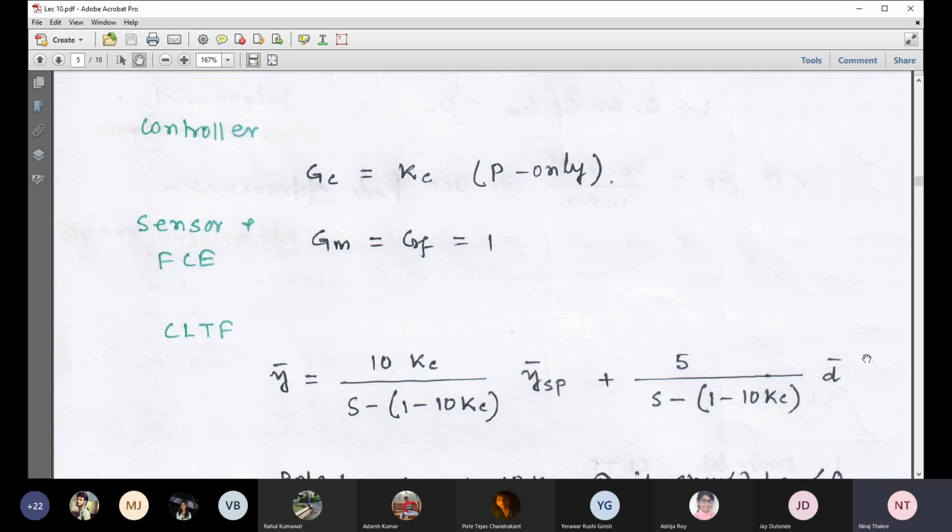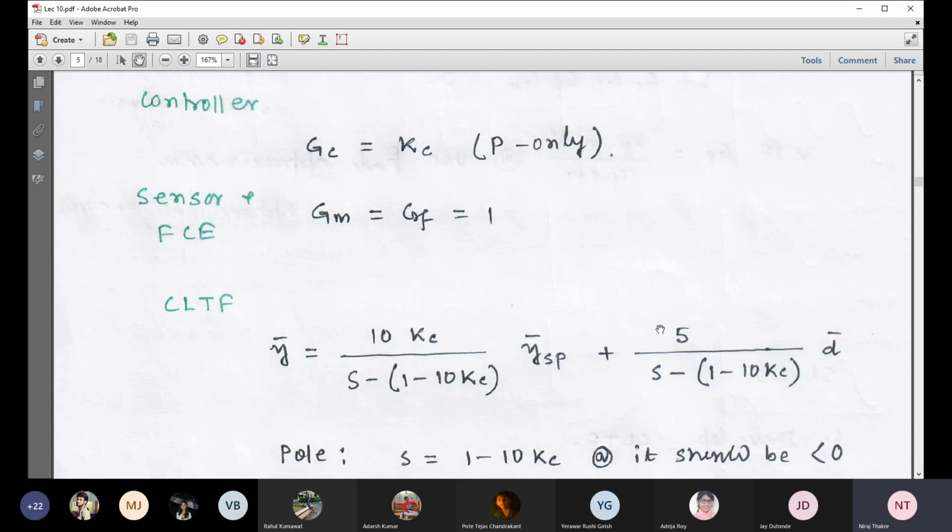And this is our closed loop transfer function. I have just substituted all these individual transfer functions, which are all known to us, in the standard CLTF equation.